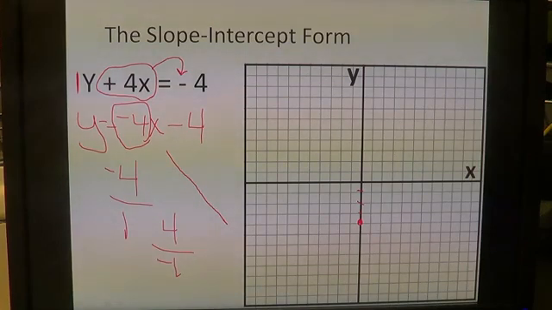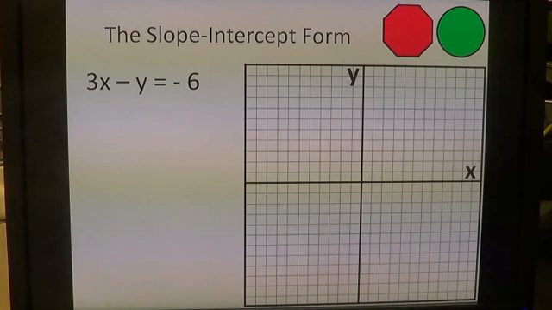So I'm going to go up 4, 1, 2, 3, 4, and since I went up 4, I've got to go negative 1, and that was 1, 2, 3, 4, and over 1, and I've got a couple of points there, and if I had a straight line, I could put the straight line on there, and I'd have a slope that looked something about like that. Right now we're just sort of sketching it in.